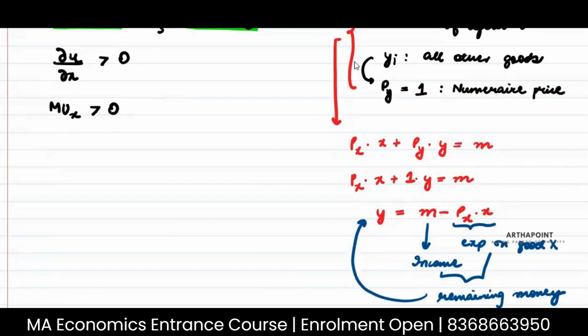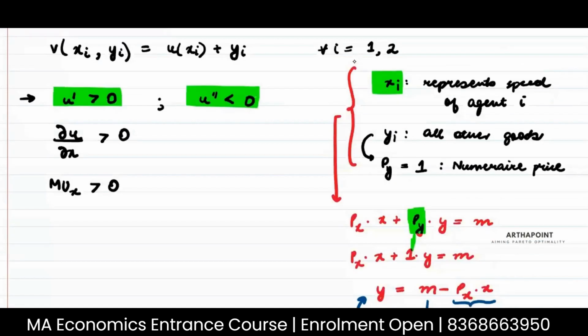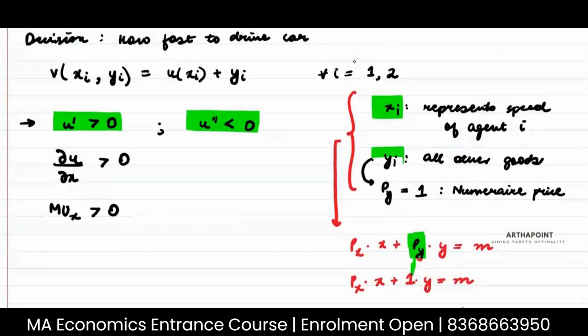I can spend it on all other goods except X. So I don't have to put the price of Y as something, because Y is not one commodity here. Y represents all other commodities. So we will normalize or dampen the effect of Y, and say that my PY is simply 1. This you will see in a lot of questions. Mostly ISI questions will have one of the goods as all other goods.